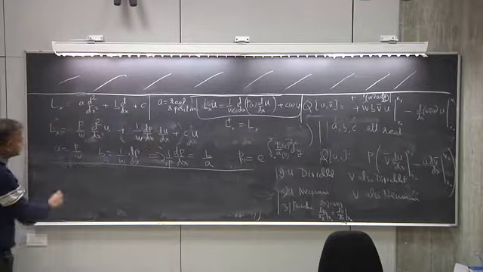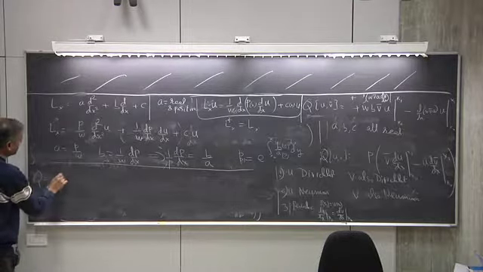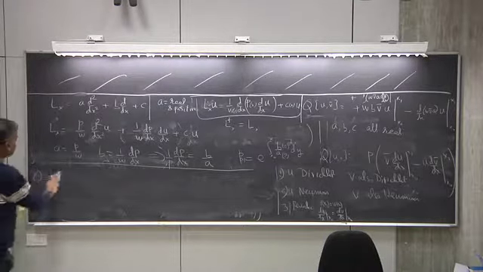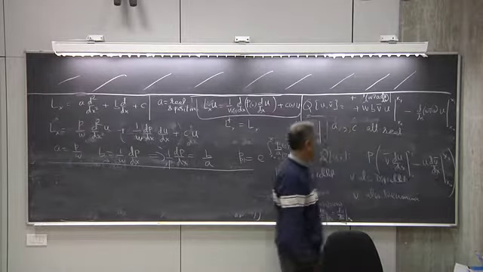So we just want to make the Q vanish. So this must vanish, right?